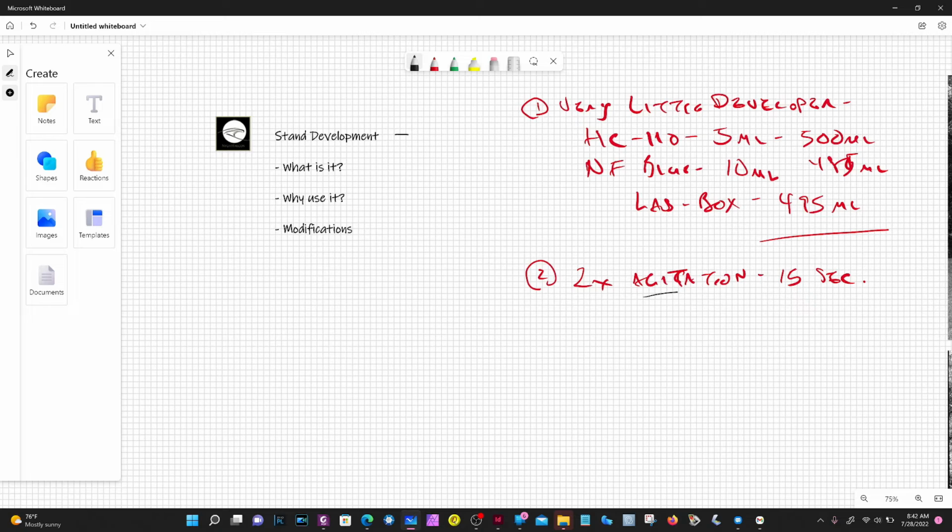I learned, doing some research, that agitation is really very important because the chemical bath tends to become ineffective unless you move it around.